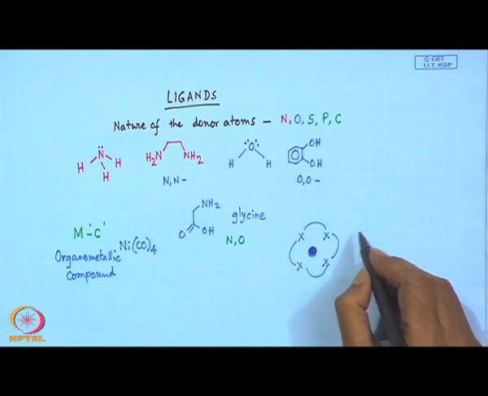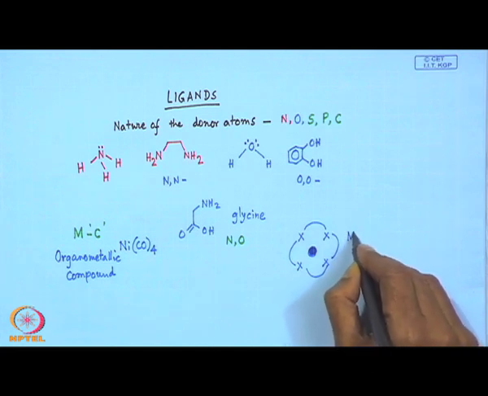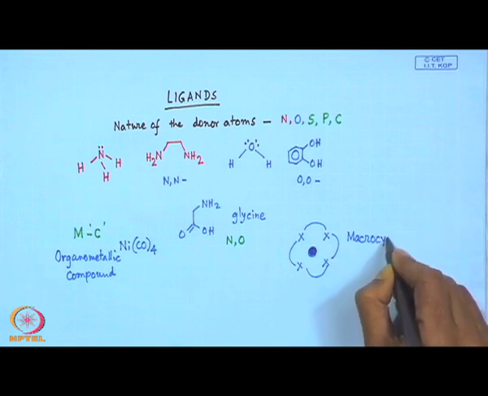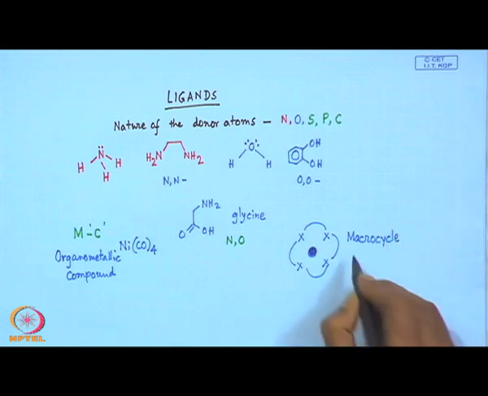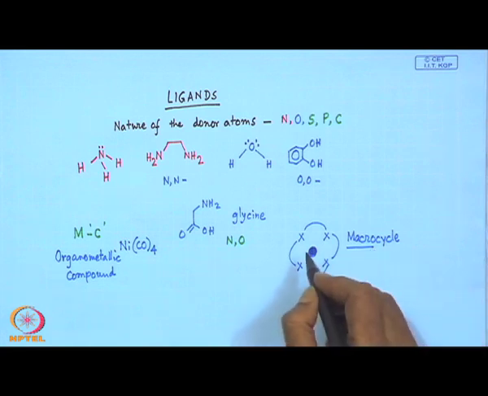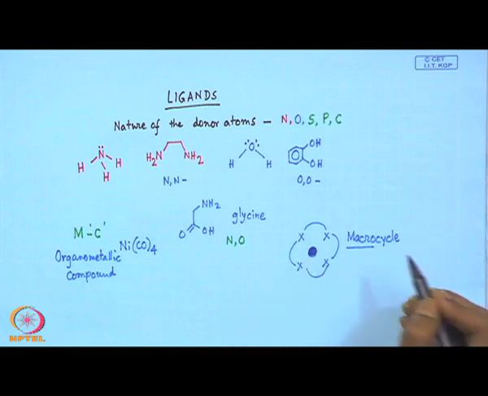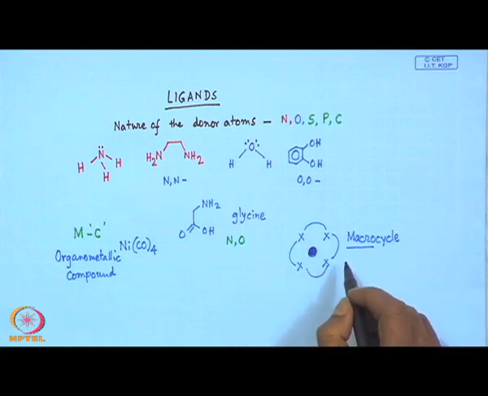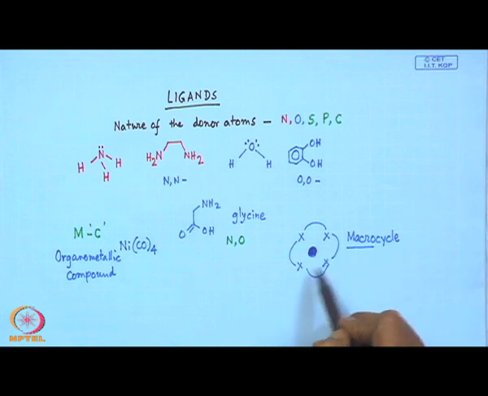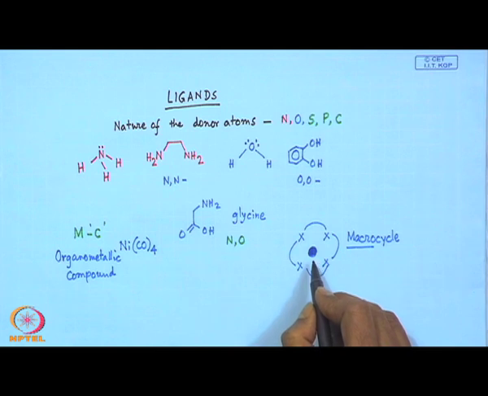This particular cyclic ligand we can consider as a macrocycle, it is a bigger cycle. So, this is the macrocyclic one. It has some important roles to play, and in biology it is also very well known. It can have nitrogen, oxygen, sulfur, or phosphorus donor atoms, which bind to the metal center.